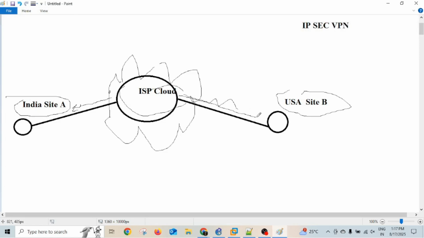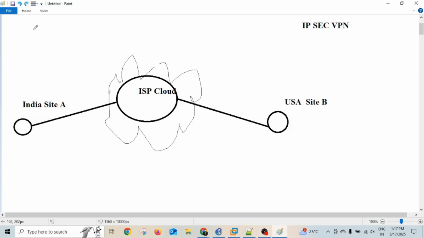I have taken an internet line here in the USA, and also an ISP internet line there on the India side. If we talk about how data can travel via the internet securely to the US site, that's why we are using IPsec VPN.